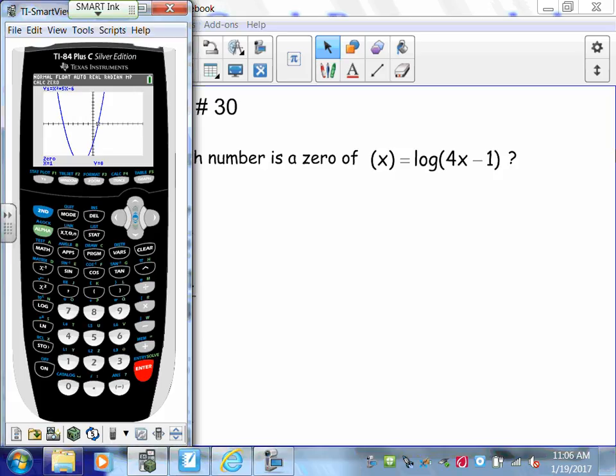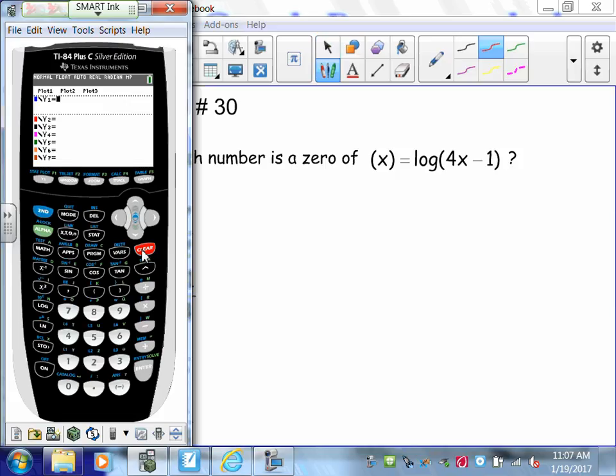Let's do another one. Clear out your y equals. The log button. P.S. This is supposed to say f of x. The log button is right next to the 7. You go log of 4x minus 1. Close that parenthesis.